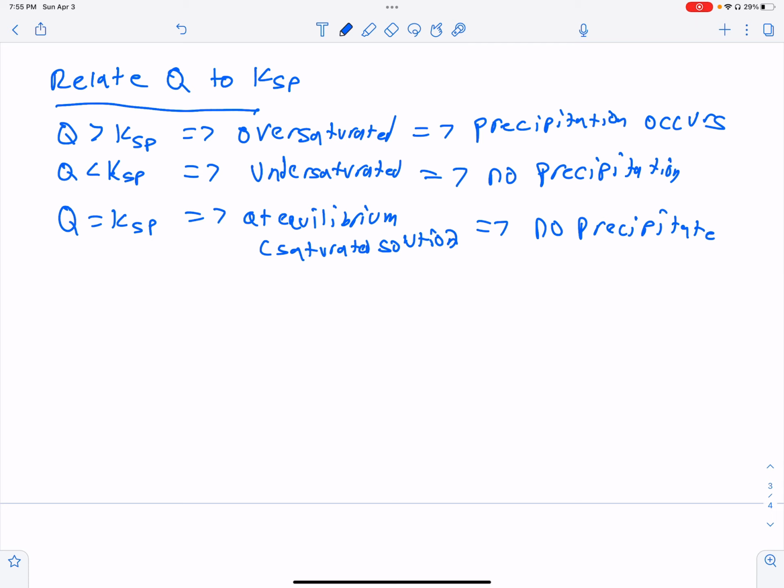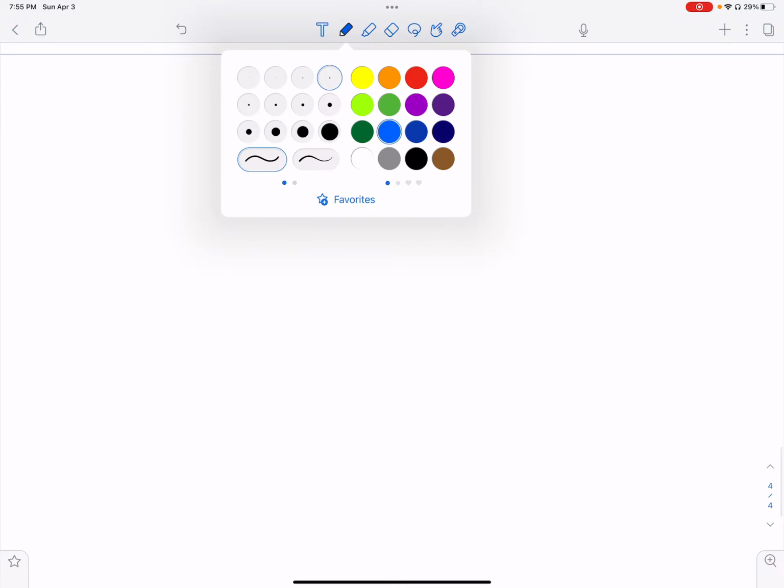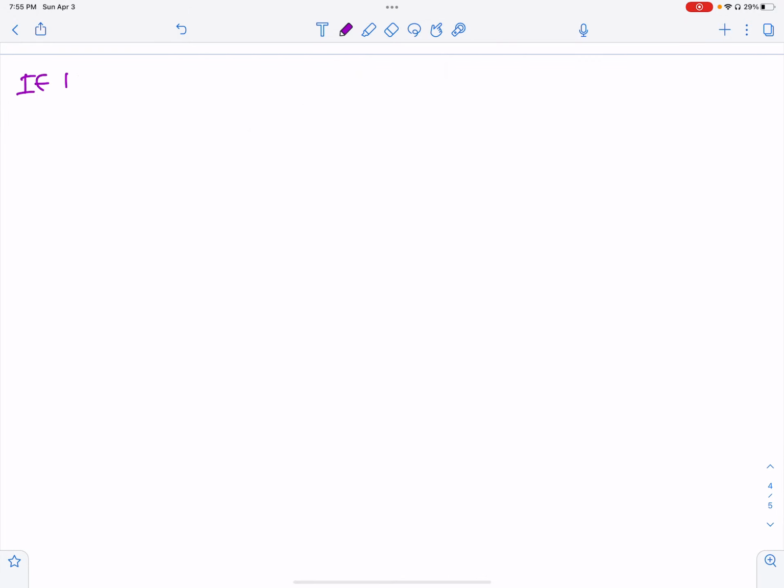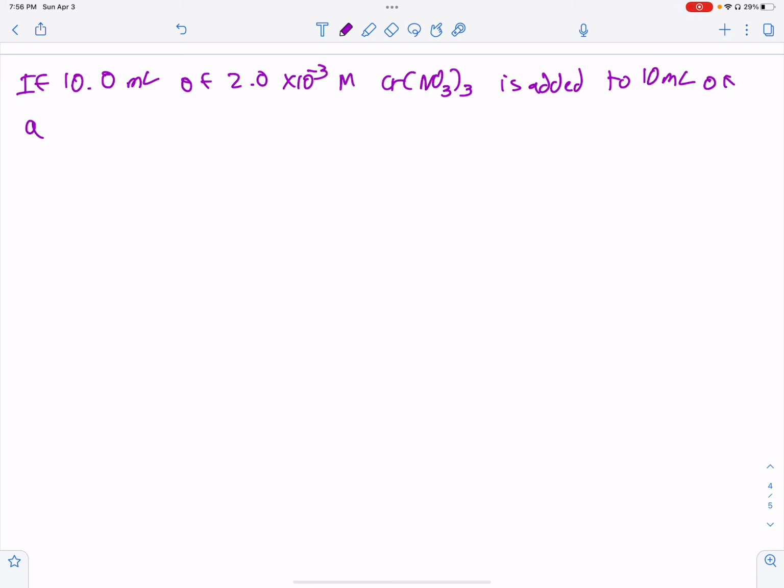So let's say that 10 milliliters of 2.0 times 10 to the minus third molar chromium 3 nitrate is added to 10 mils of a NaOH solution with a pH equal to 10.